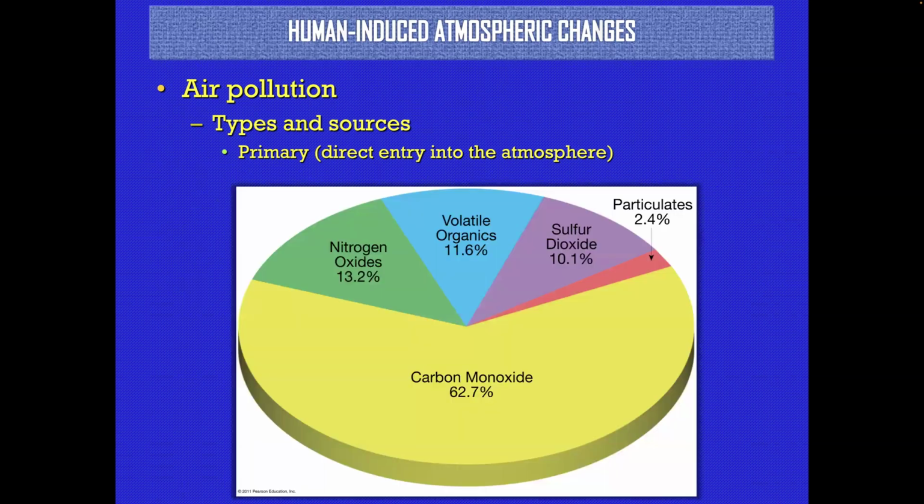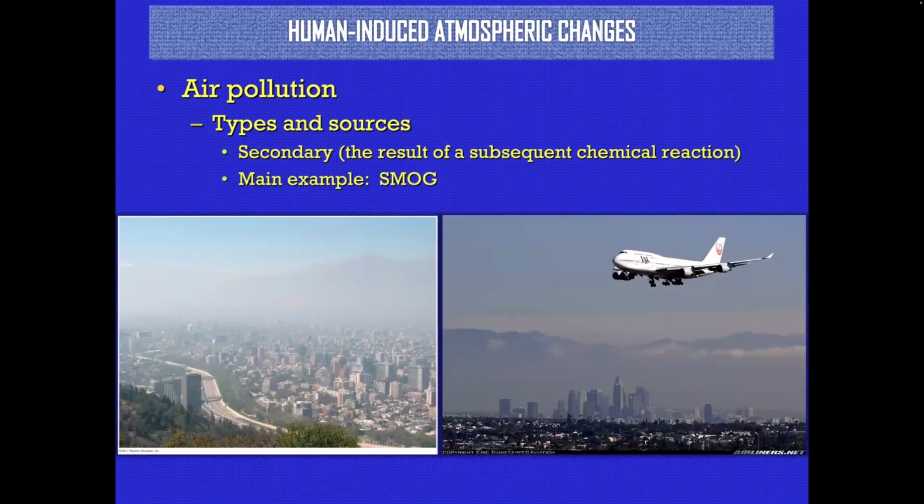Primary pollutants would be nitrogen oxides, sulfur dioxide, carbon monoxide, for example. Air pollution like smog, for example, would be a secondary type.